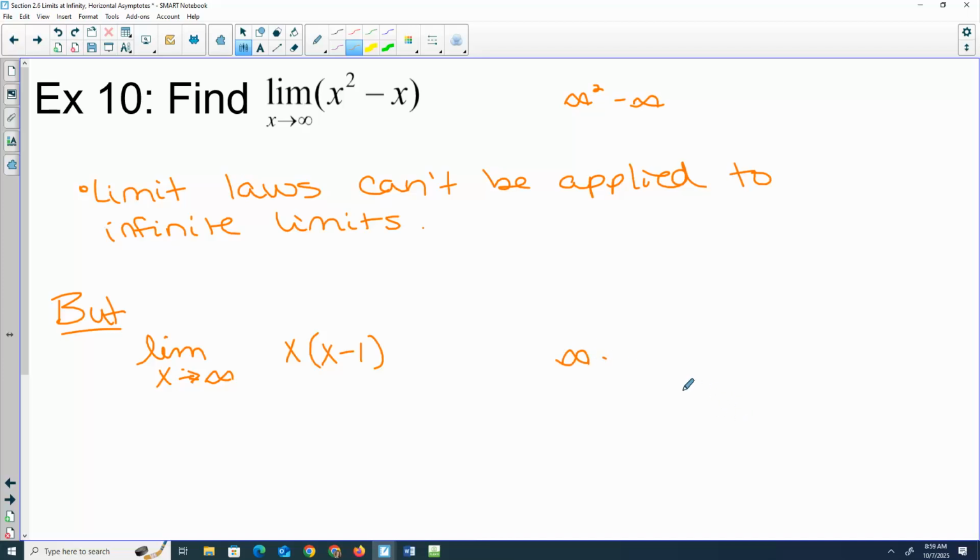If you take a huge number and I subtract 1, what am I left with? Still a huge number, right? So I really have a big number times a big number, so what do you think I'm going to get? A big number. The reason is the product of large numbers is large.